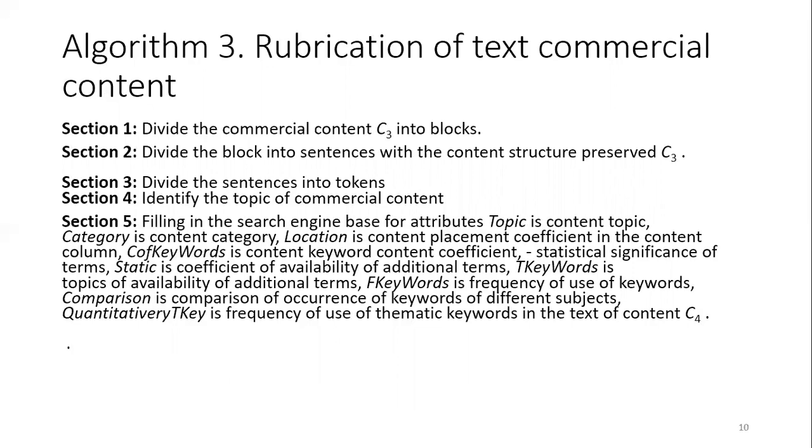Next, we divide the sentences into tokens and identify the topic of the commercial content. At the end, we fill the search engine base with attributes such as topic, category, location, keyword content coefficient with statistical significance on terms, and other metrics for this text.